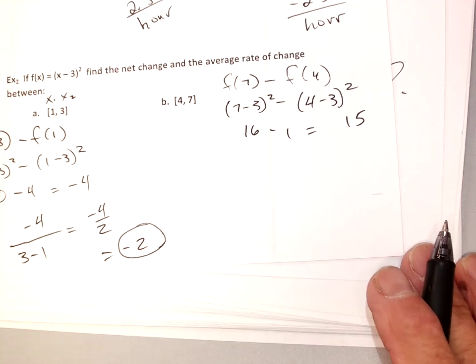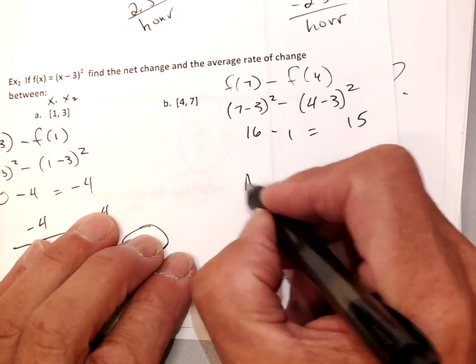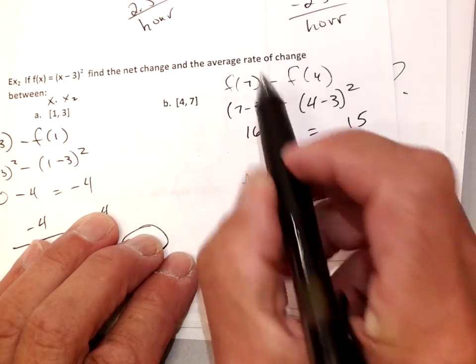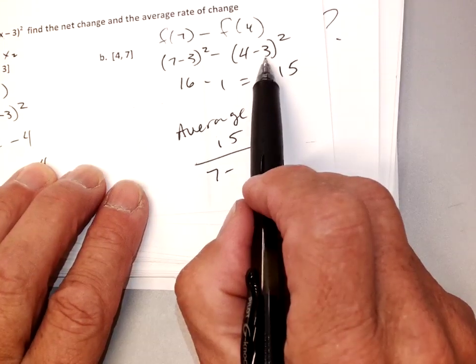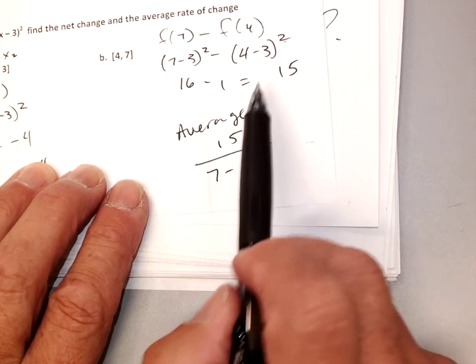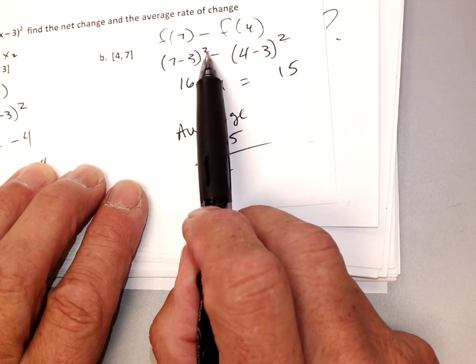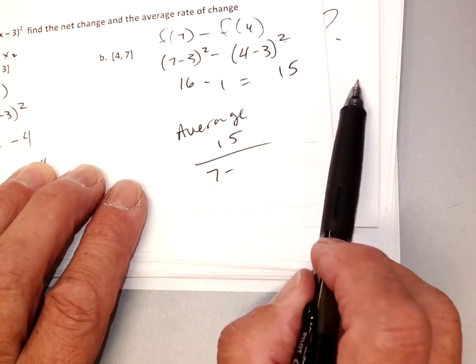So that's my net, but then for my average rate of change, I go my 15 and divide it by my interval. Where did the minus 1 come from? 4 minus 3, squared. And where did the 15 come from? 7 minus 3 is 4. 4 squared is 16. So I subtract the 16 minus 1, which gives me 15.